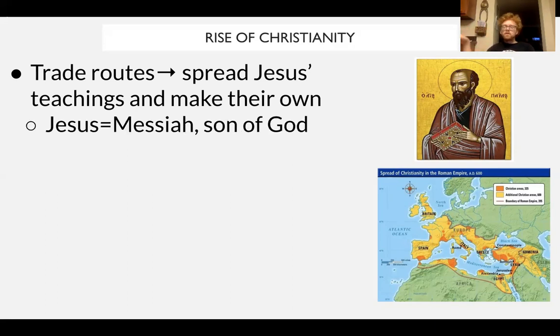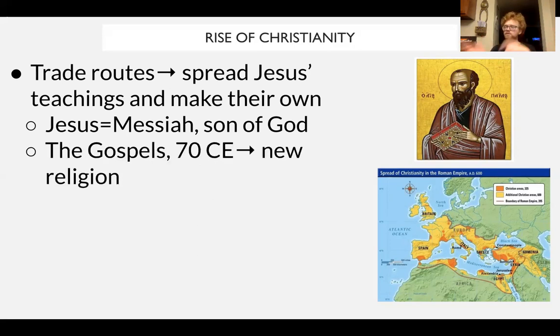And eventually these followers are going to have this belief that Jesus is the Messiah, that he is the Son of God, and he is here to bring a change on earth for the religious salvation of people. And eventually Jesus' followers will codify this into a series of books known as the Gospels by 70 CE about.